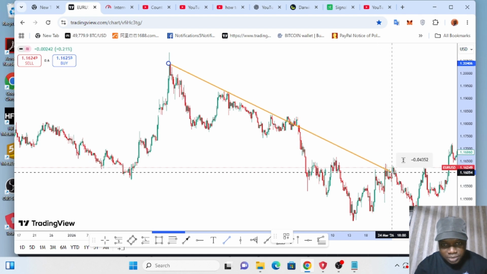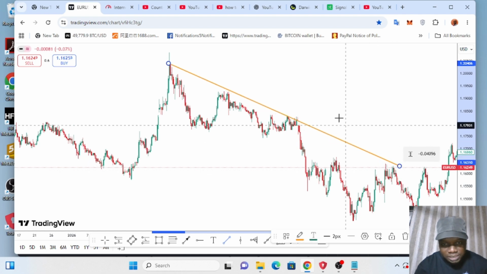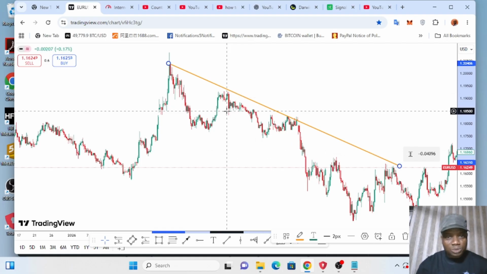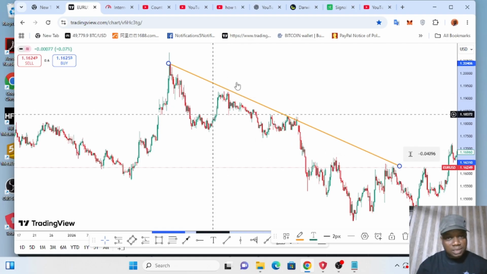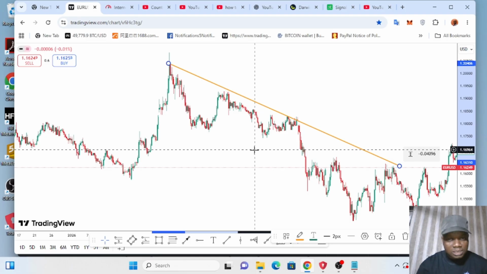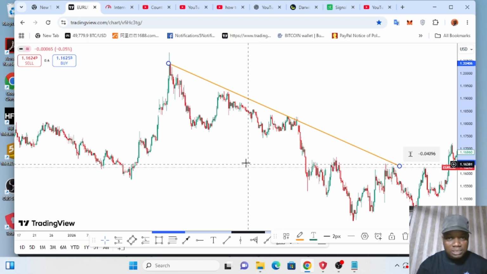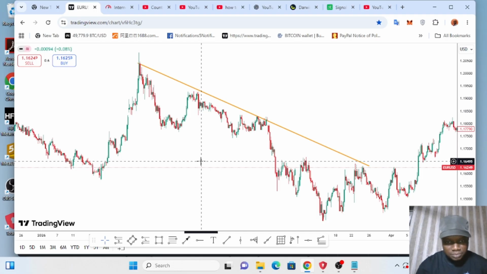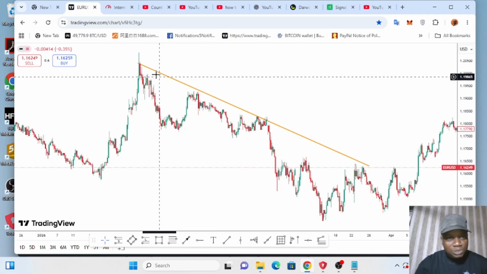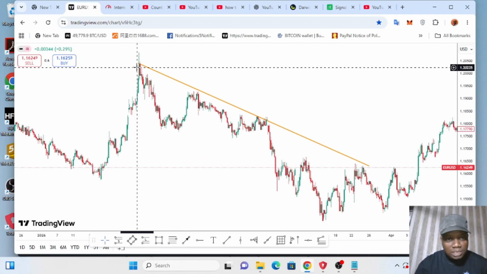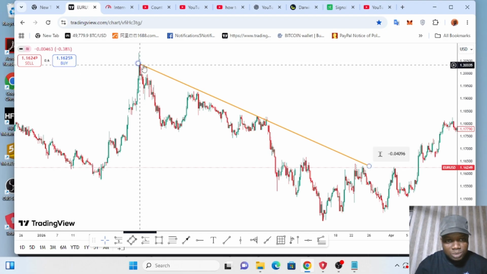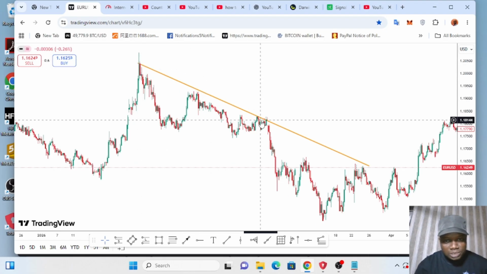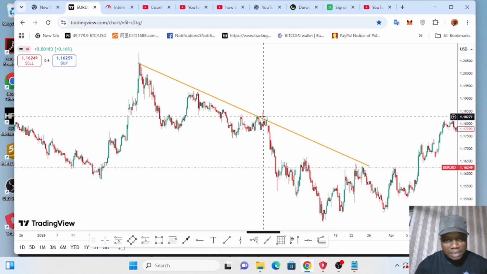Basically, in drawing trend lines, truth must be told, you have to look for two connecting points. Those two connecting points are the magic, but how you do it is very, very important. Now look at a trader that draws trend lines using the candle closing price, from the first connecting point to the second closing price.